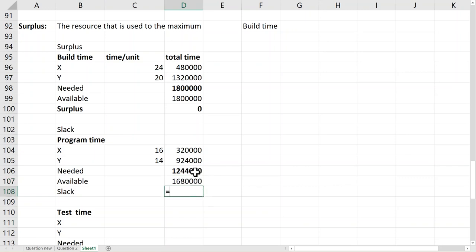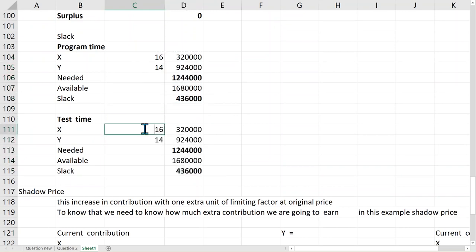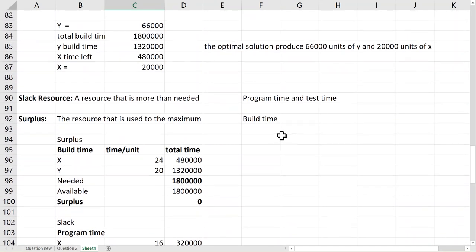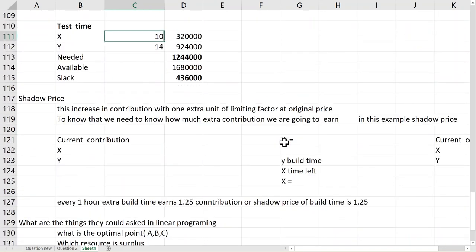So we have a slack of 436,000 extra. For test time, we have 10 and 4, and available is 720,000. So we have 256,000 slack.